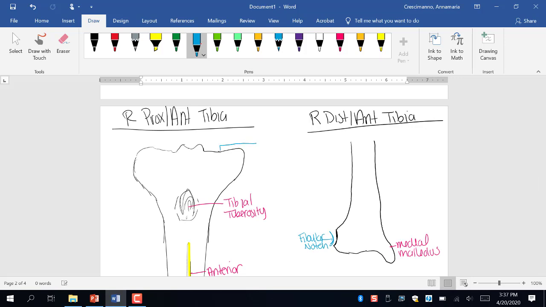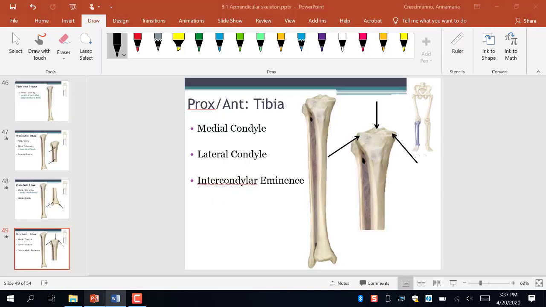So I have my medial condyle and my lateral condyle. And then in between the two, I have that intercondylar eminence. Okay, so the last thing we need to do for the tibia is to side it.